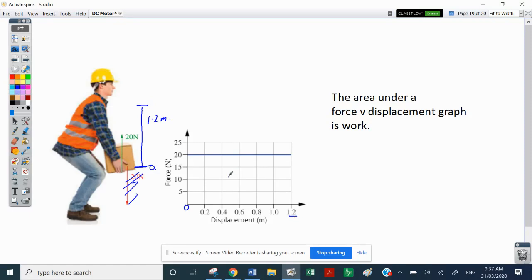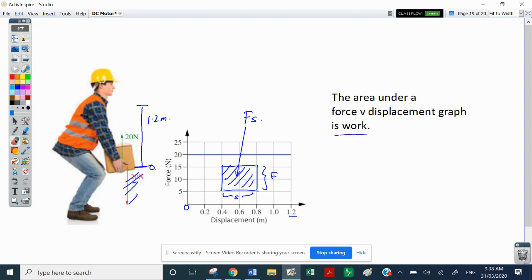If we had a look at what the area is down here, if I had a shape inside this graph here, that shape's area would be measured in force on the vertical and displacement on the horizontal. So the area underneath here would be measured in Fs. We're multiplying a force axis times the displacement axis. So that means that the area under a force against displacement graph is the equivalent of work.